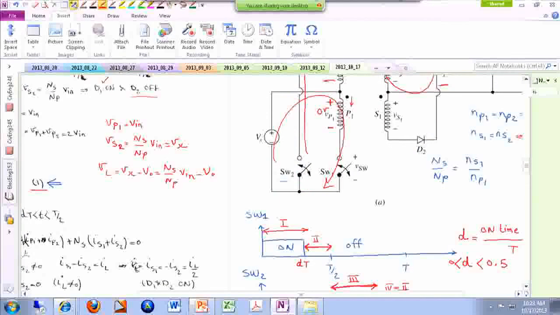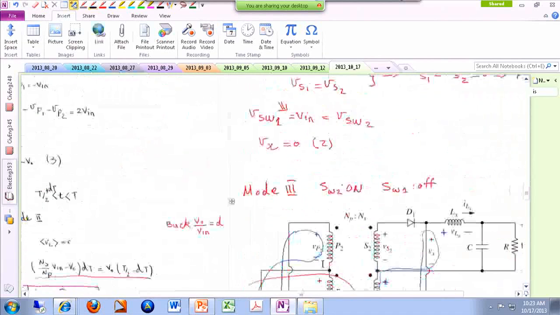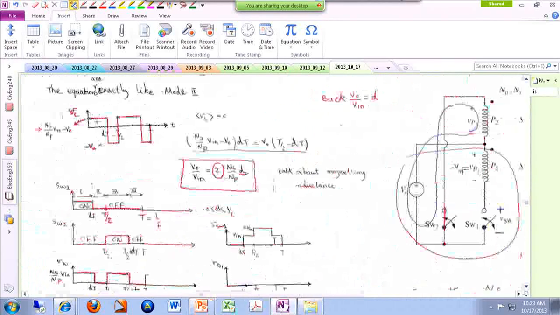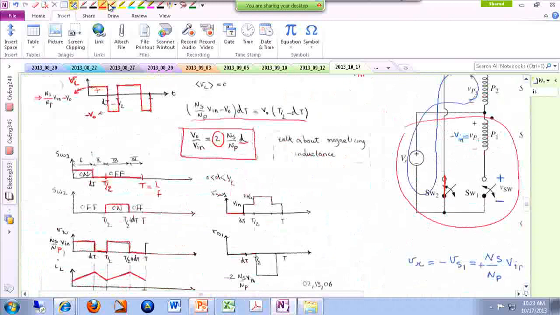Why? Because we didn't have any voltage over here. This was basically 0, and therefore Vin applies across the switch. So we had Vin over here, and the second mode and the fourth mode are the same, so the same appears here.